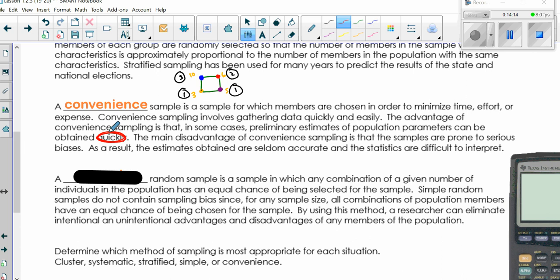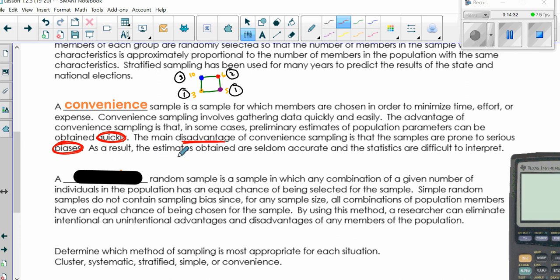The main disadvantage of convenience sampling is that the samples are prone to serious biases. That means that this is not a good judge of numbers. So if you needed something quick, you would do a convenience sample, but that doesn't mean that it should be a good predictor of what's going to happen.